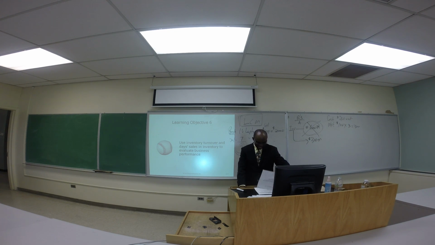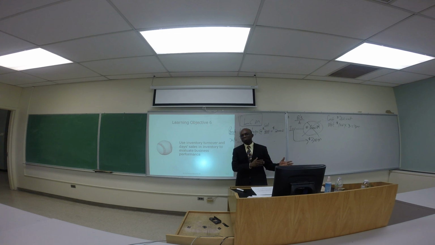Now, let's take a look at the last objective, or second to the last objective. We are not going to get into the periodic inventory system. So the last objective, number 6, is using inventory turnover and days sales in inventory to evaluate business performance.